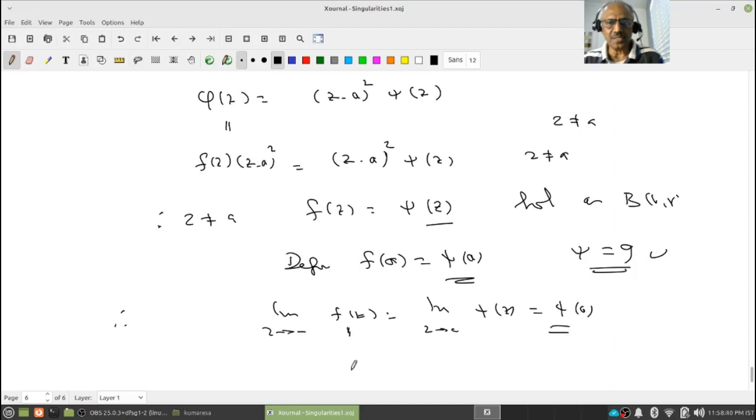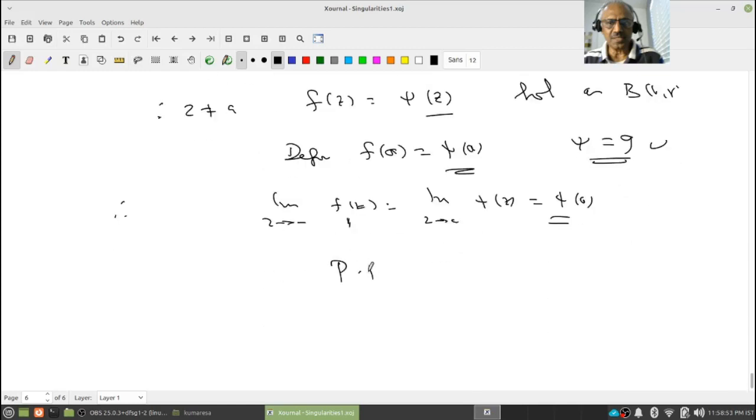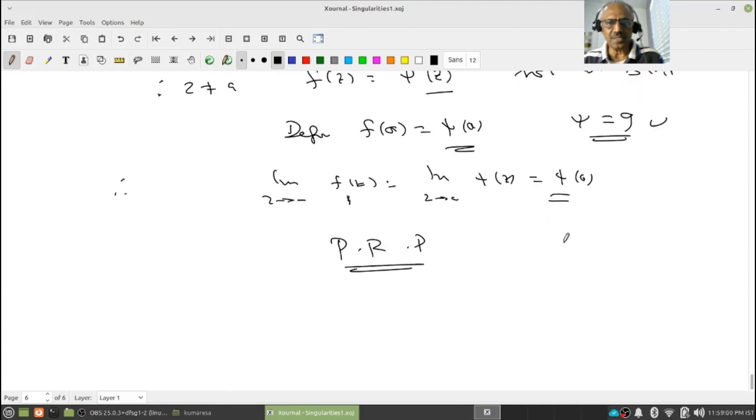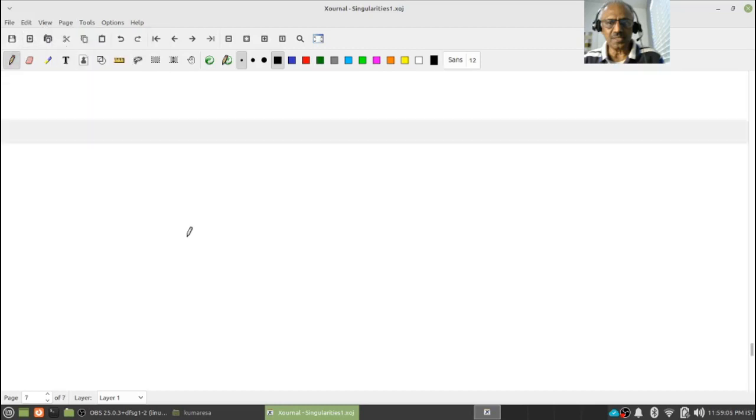Therefore, we have proved z equal to a is a removable singularity, and how do I extend? I extend f of a by setting psi of a or g of a. Is it okay? Pause, review, proceed. Let us try to understand this argument in depth.